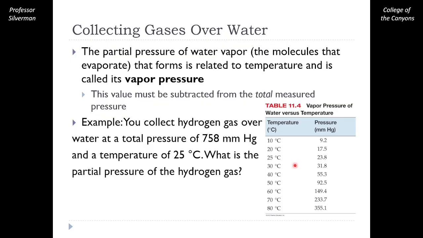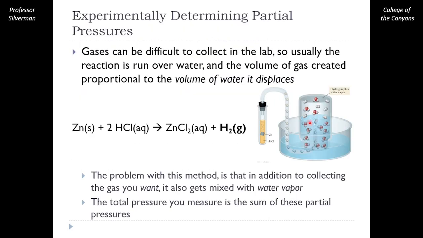So if we pop back for a second, when we collect our gas, it's not just going to be the gas from our reaction, there's going to be a little bit of water mixed in as well. Since we have a mixture of gases, we can use Dalton's Law to calculate only the pressure of the component that we care about.